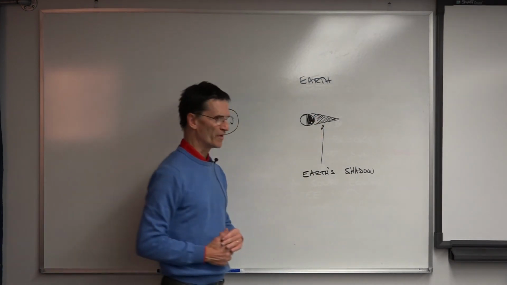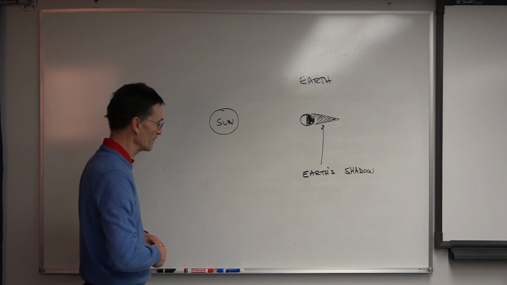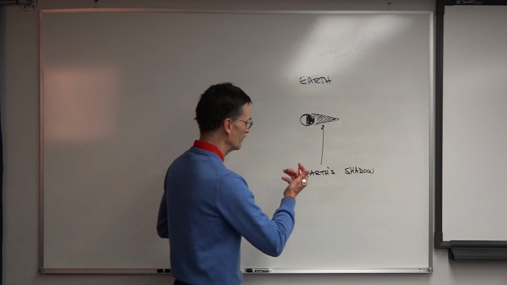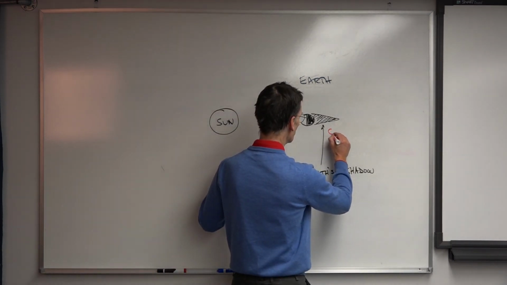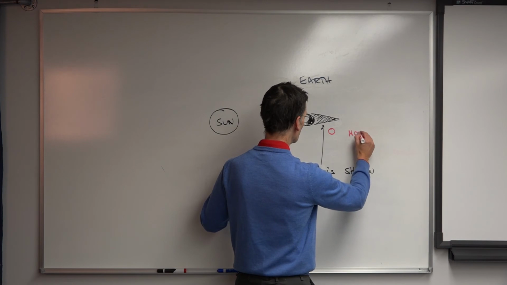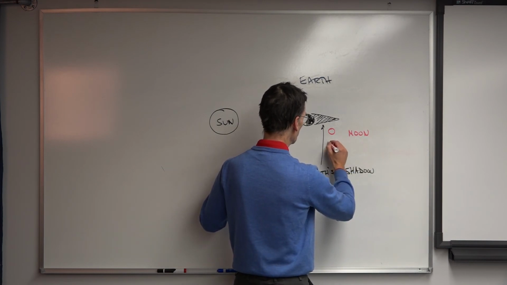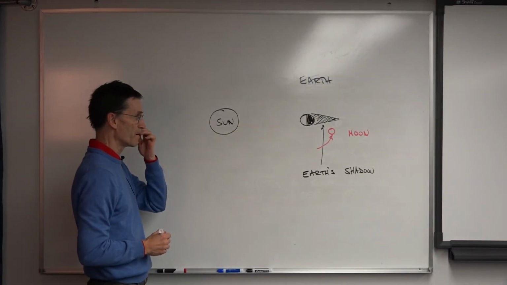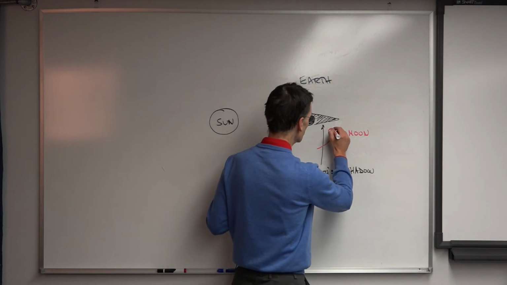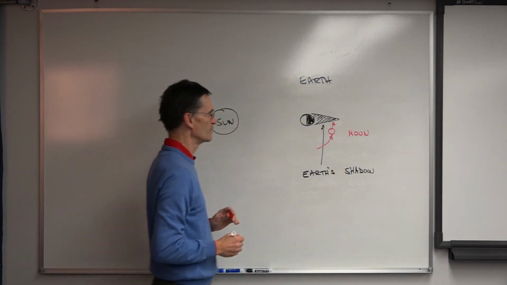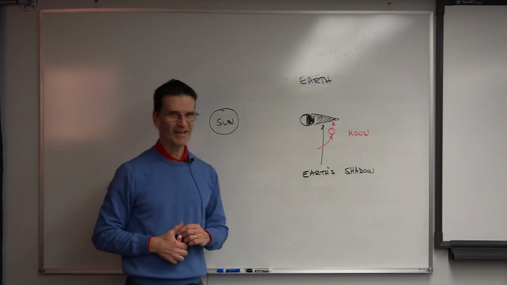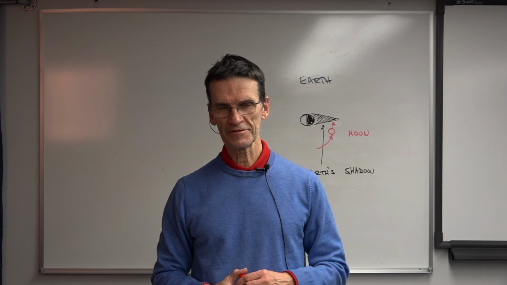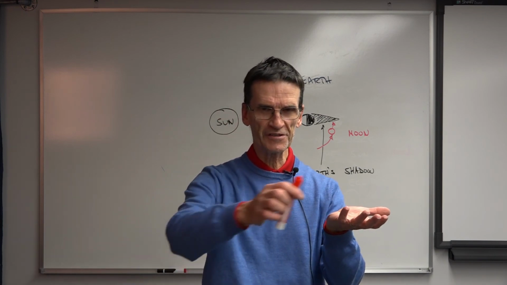Now the moon is going around the Earth. So if I say, let me change colors here, if I say here's the moon, and the moon is going this way as it's orbiting. The moon can pass into the Earth's shadow. The shadow's there. Sometimes the moon goes into the shadow.